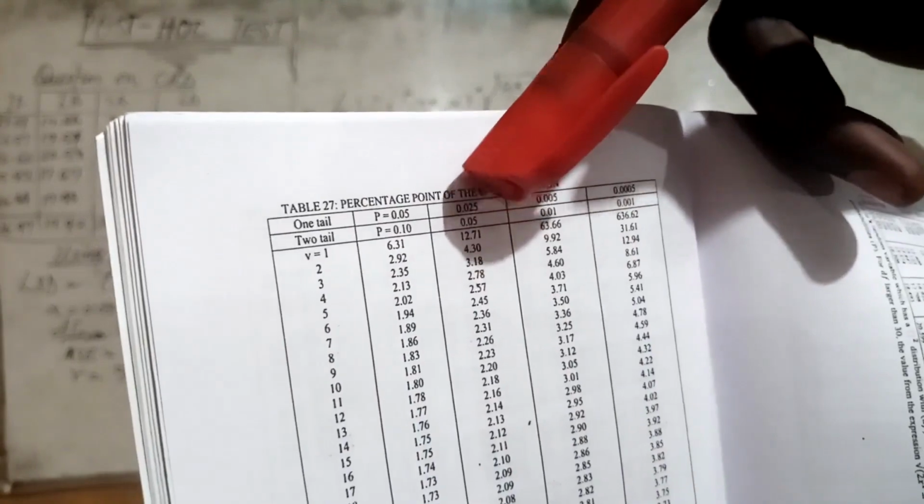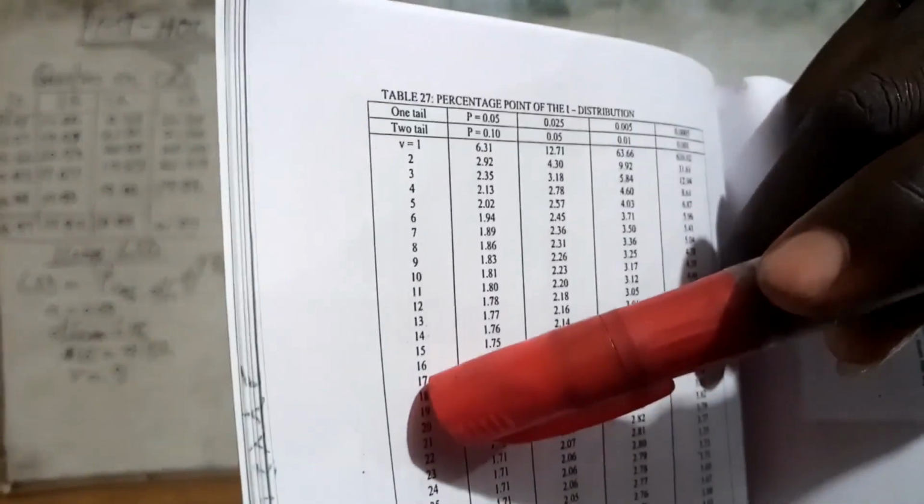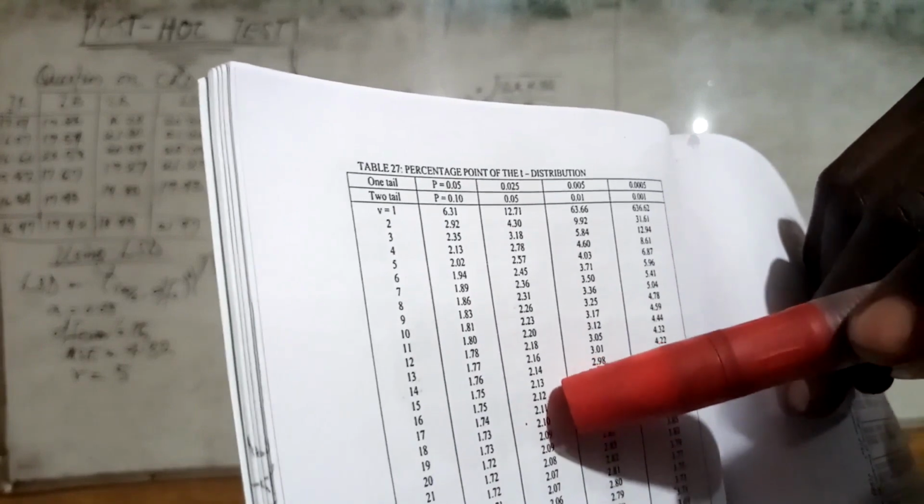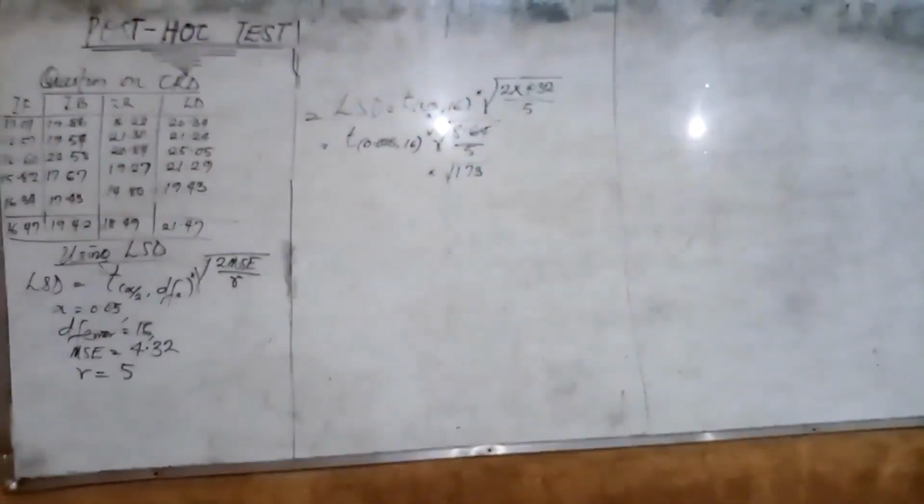We go down to 16 and trace it across, and that is around 2.12.